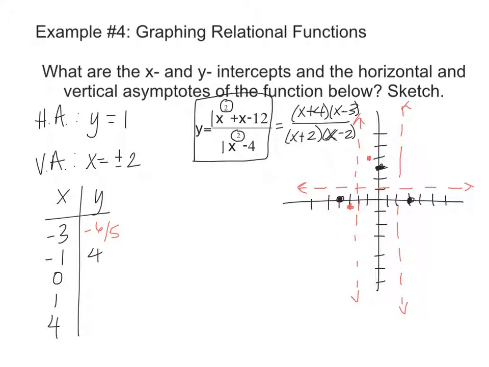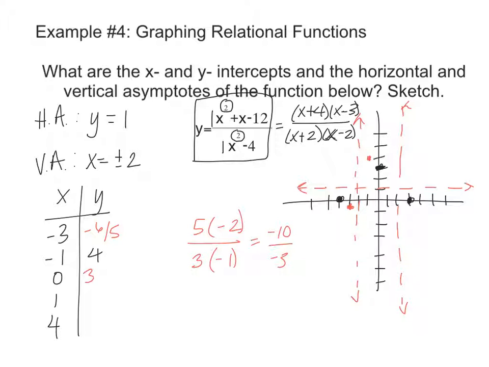0, very simple, right? Very nice for us. 0 is actually already done. I forgot about that one. That was our y-intercept, so that was 3. The next one, if I substitute in 1, 1 plus 4 is 5, 1 minus 3 is -2. The denominator, 1 plus 2 is 3, 1 minus 2 is -1, so that's going to give us -10 over -3.